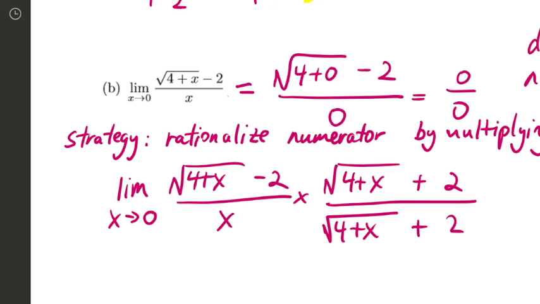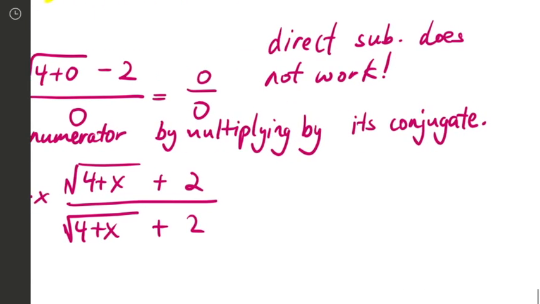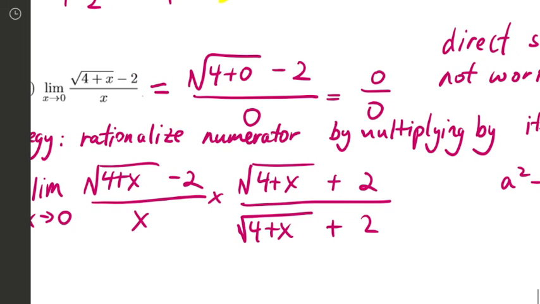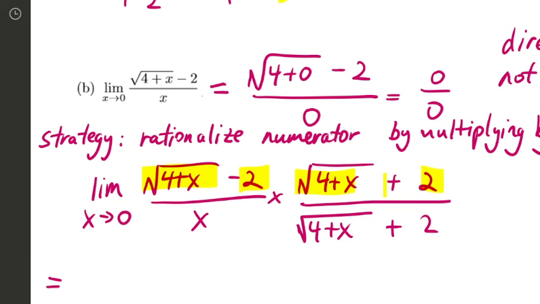Remember the whole point of multiplying by conjugates is to get a squared minus b squared equals a plus b times a minus b, right? So if I have an a plus b and an a minus b, then I know my result is going to be a squared minus b squared.